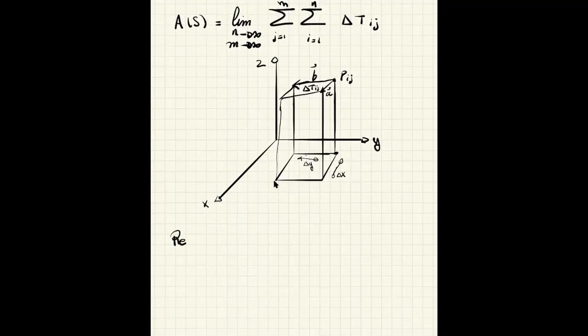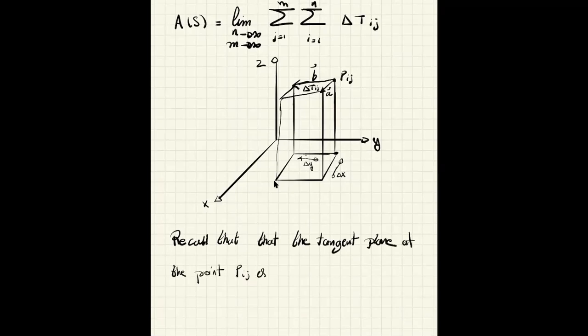So you say recall that the tangent plane at the point Pij is given by the two vectors, right?